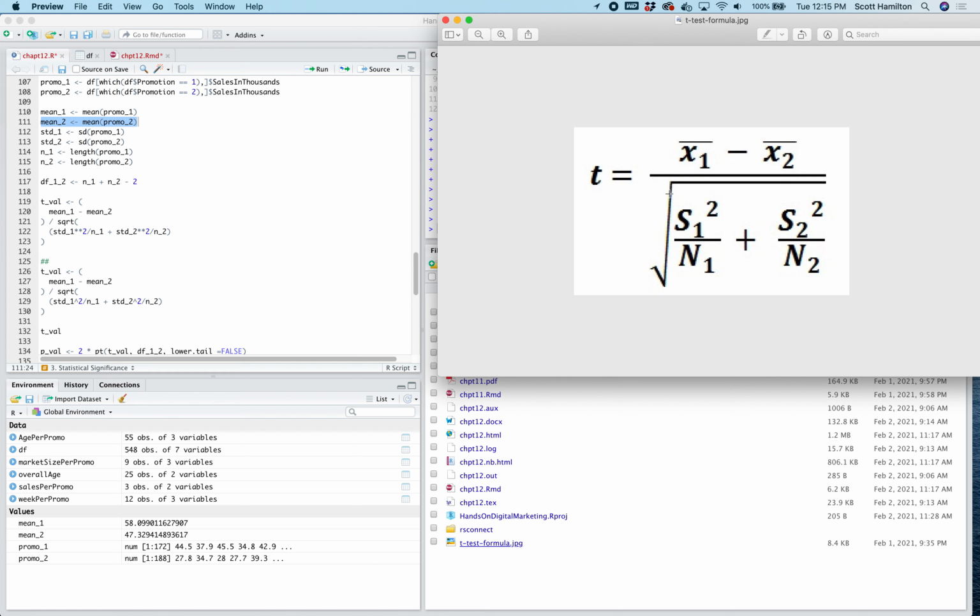So this is representing this right here, the square root of, and then we need these parentheses again, the standard deviation of 1 squared, over n1, which was that length that we created here, plus standard deviation 2 squared divided by the number of observations in sample 2. So he's recreated this equation here now in a manual way.